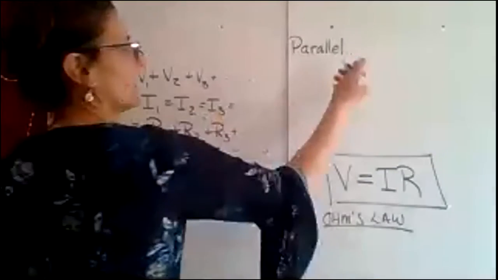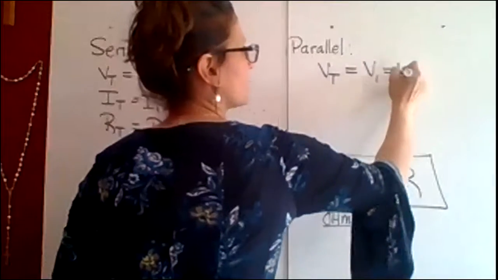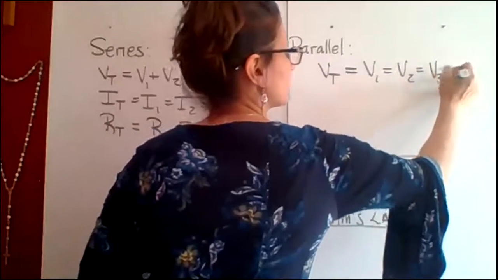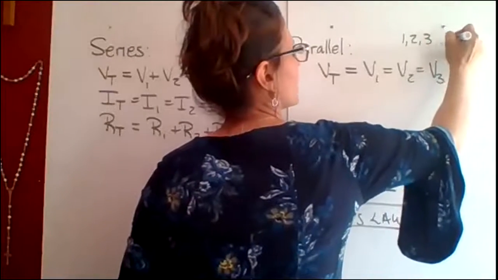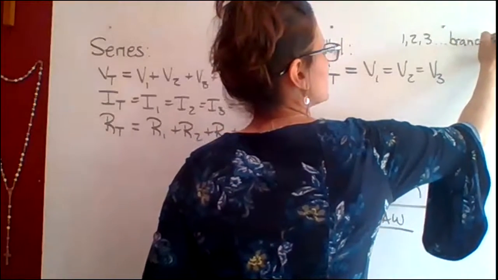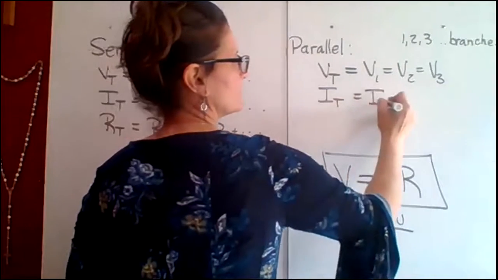But in parallel, when my voltage is the same across each branch, remember in parallel, 1, 2, and 3 are branches, not each individual bulb. Our current splits up.